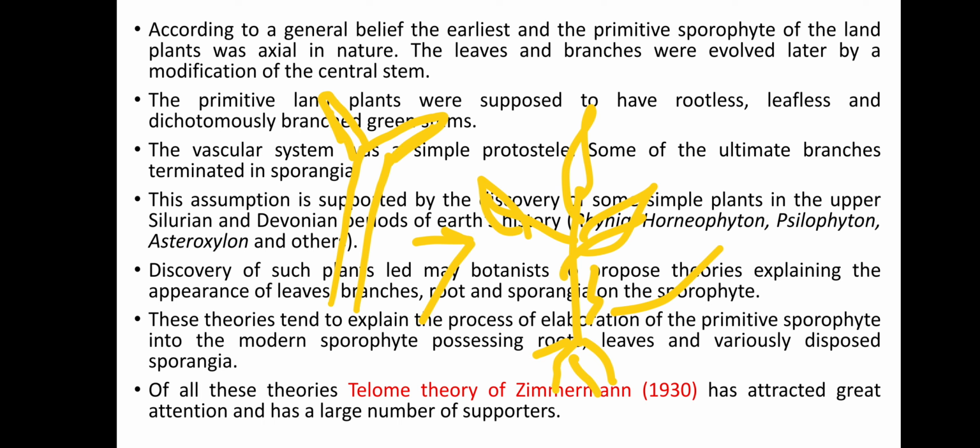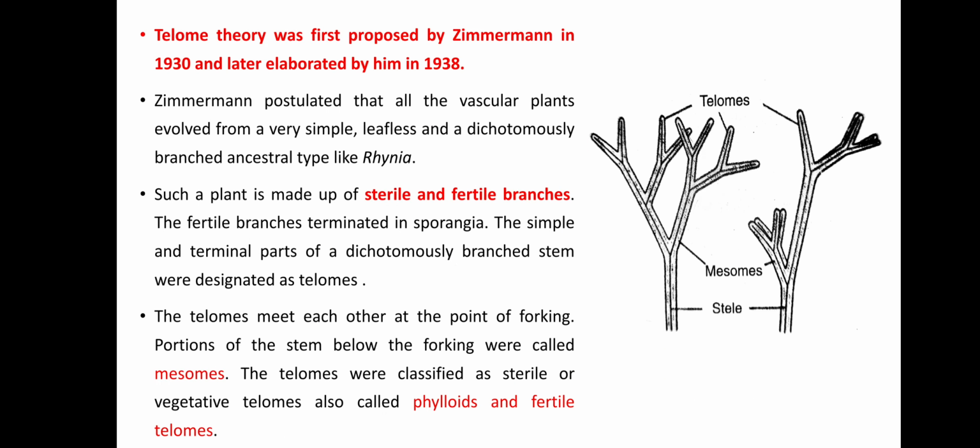Among these theories, the Telome theory proposed by Zimmermann in 1930 has attracted great attention and has a large number of supporters. The Telome theory was first proposed by Zimmermann in 1930 and elaborated by him in 1938.